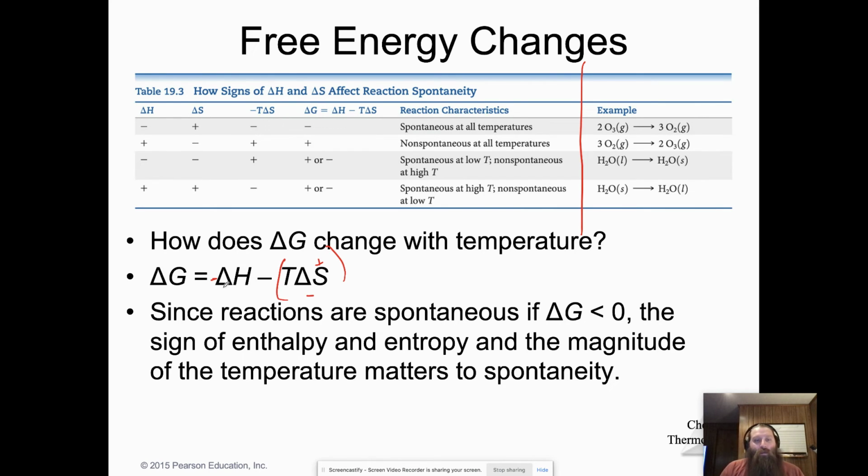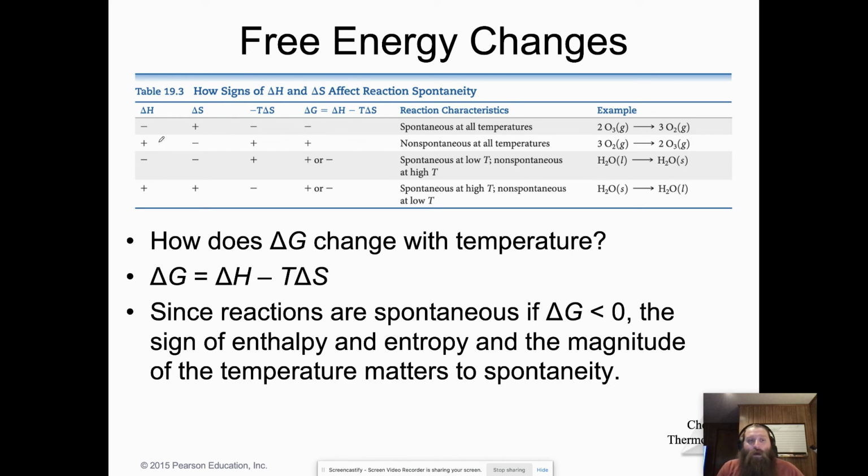So if I have a negative enthalpy and a positive entropy, then I can expect that to be a negative delta G, and I'm going to have a spontaneous reaction at all temperatures. That's the first line here of this table, right? Negative delta H, positive delta S, that gives me a negative delta G.